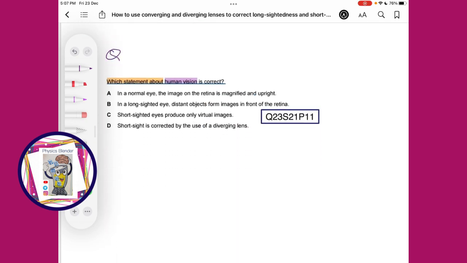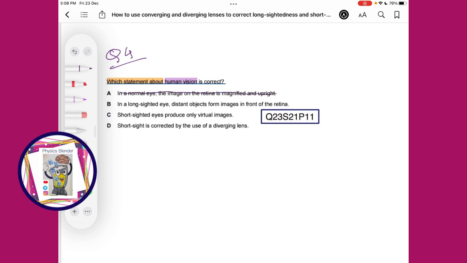Question 4. Which statement here about human vision is correct? In a normal eye, the image on the retina is magnified and upright. No, it's real and inverted, like the case of a camera, so it is diminished, real, and inverted. So this one is not correct.